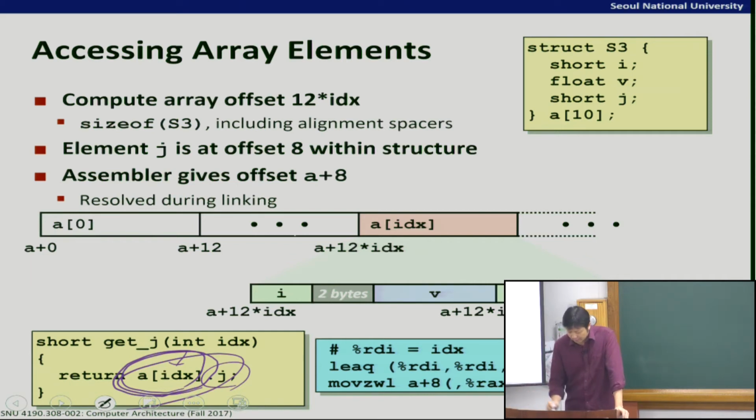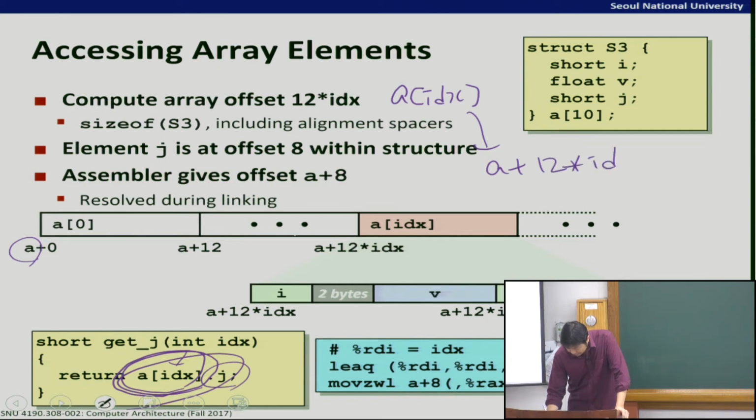Because the compiler already knows that one instance of this struct takes 12 bytes, the address for A of idx is simply the base address A plus 12 times idx.